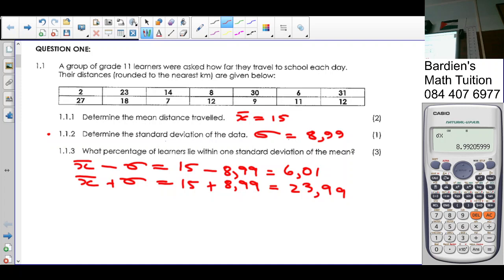So the question says, what percentage of learners lie within? What I need to do is count the values that lie between 6,01 and 23,99. You guys understand? So, does 2 lie between? Is it inside or outside? Outside. 23? Inside. Remember, it's between these two values. 14? In. 8? In. 30? Out. 6?